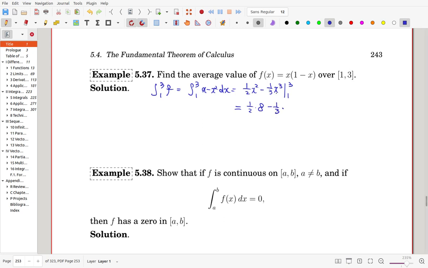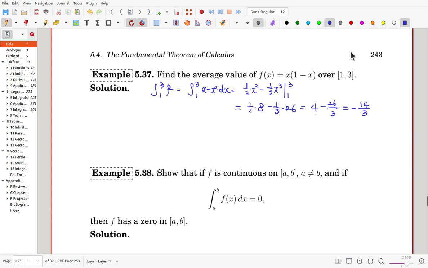So for the first one, 1/2 times 9 minus 1, which is 8, so it is 4, minus 1/3 times 27 minus 1, which is 26. So it is 4 minus 26 over 3. That 4 is the same as 12 over 3. 12 minus 26 is minus 14 over 3.